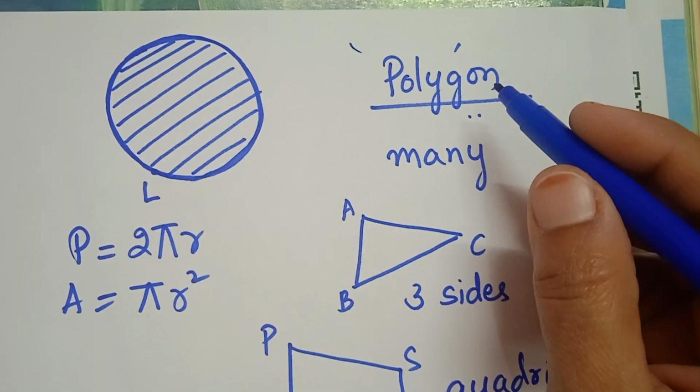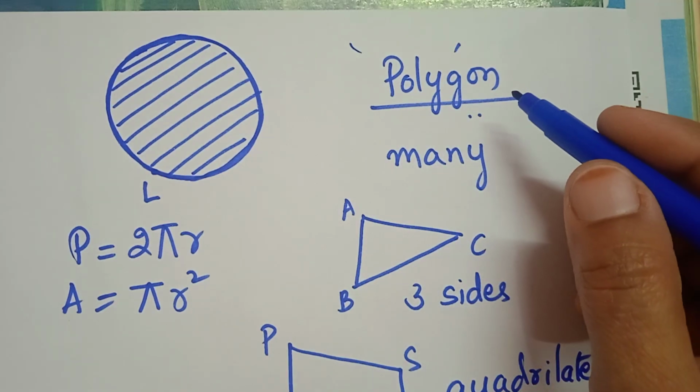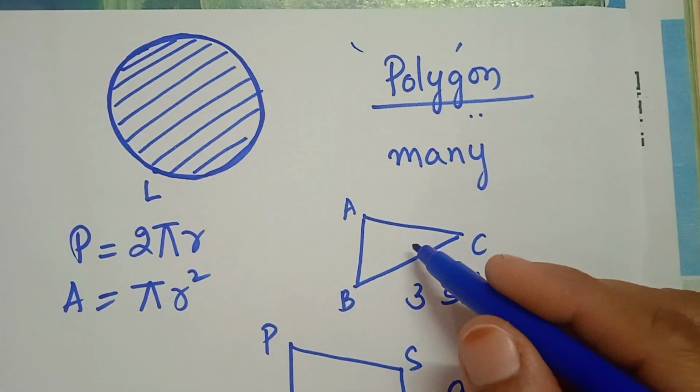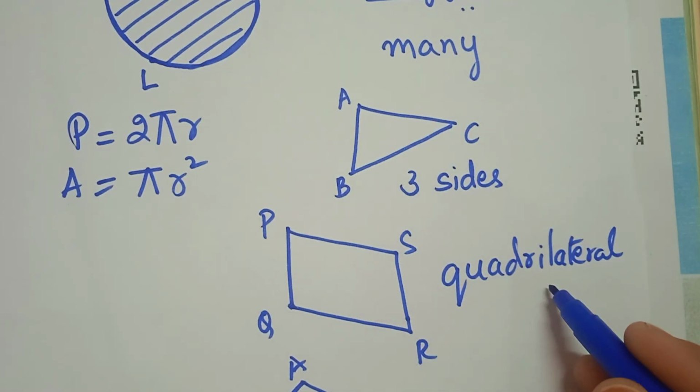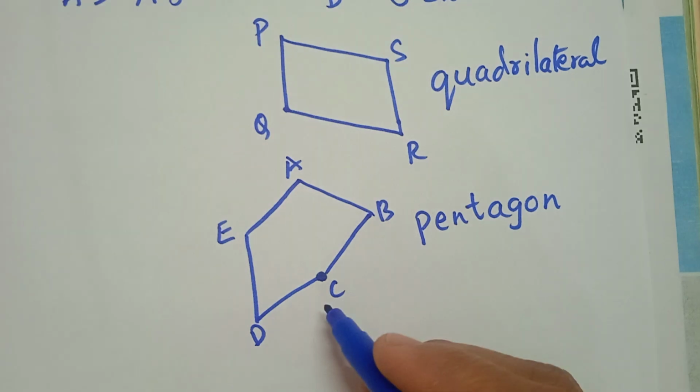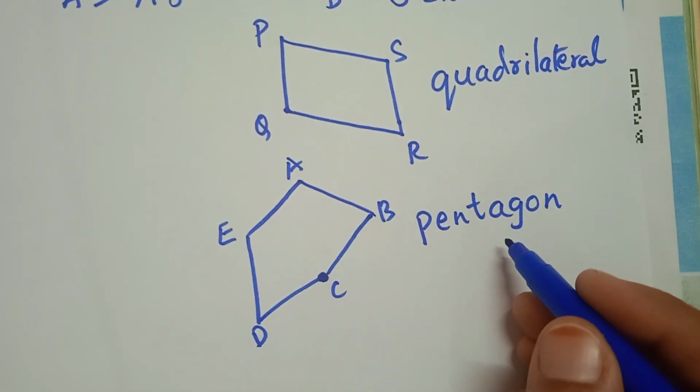Polygon means having many sides. If it has 3 sides, it is called a triangle. 4 sides, quadrilateral. 5 sides, pentagon.